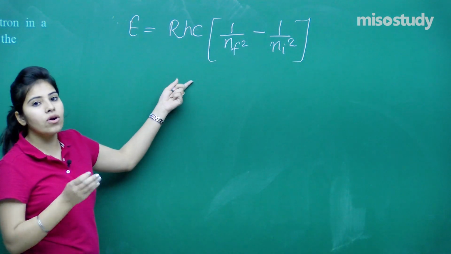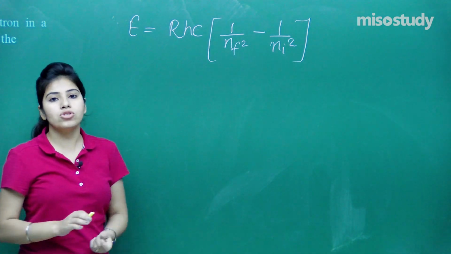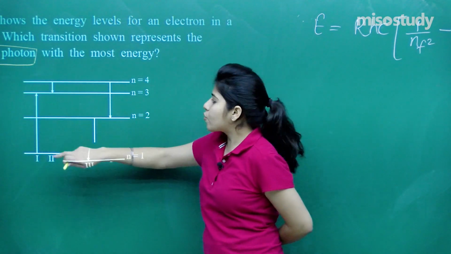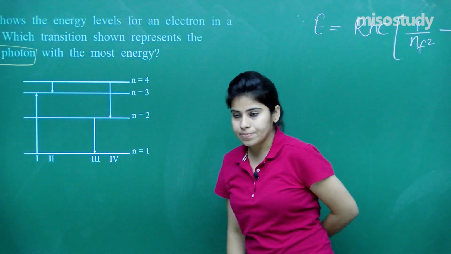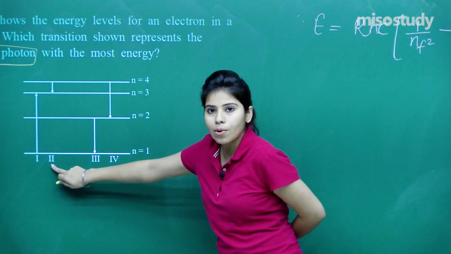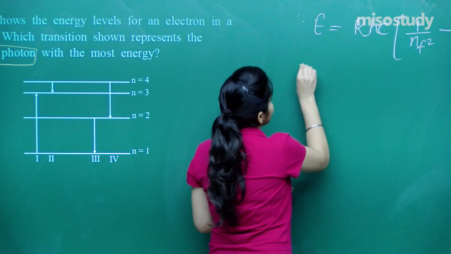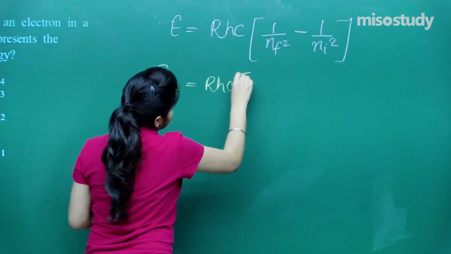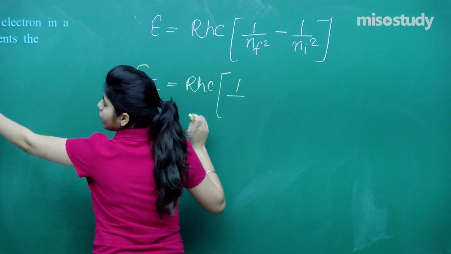This is the formula for energy. We are talking about the second one, which is coming from n equals 4 to 3. So your E2 will be RHC times 1 upon, coming from 4 to 3.